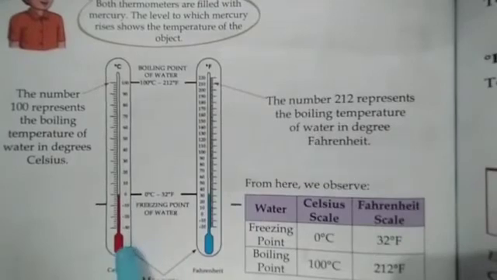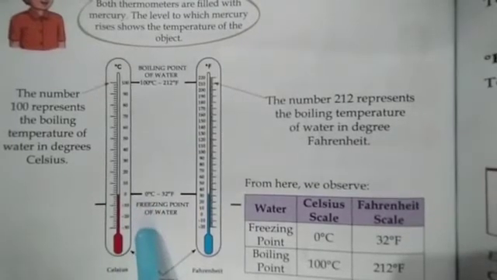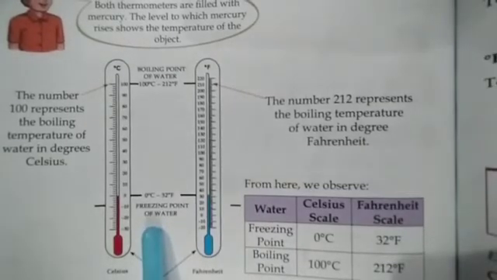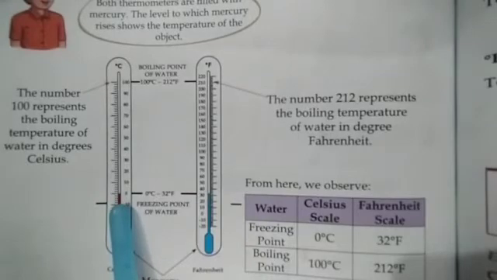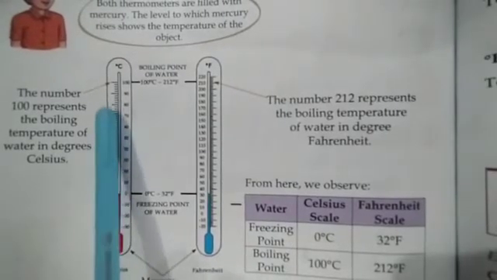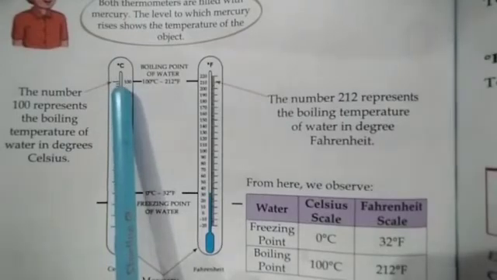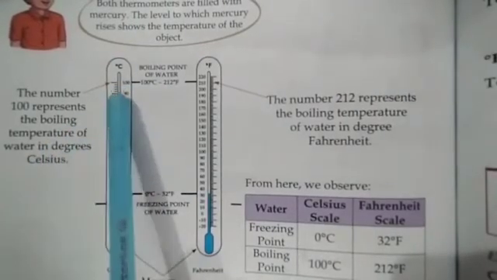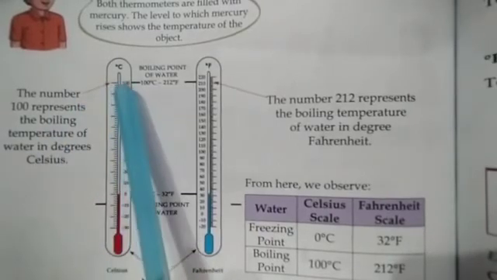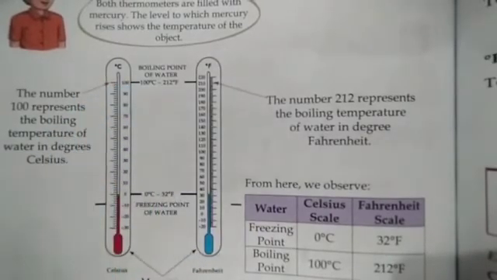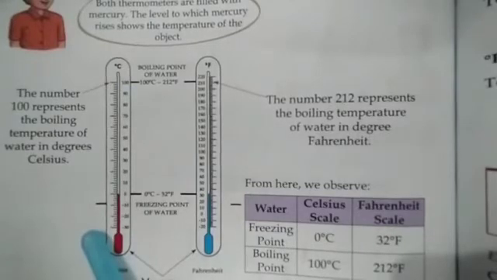In the Celsius scale, 0 degree is the freezing point of water, that is, water changes into ice. When the water is boiling, the mercury comes to the 100 point, that is the boiling point of water.